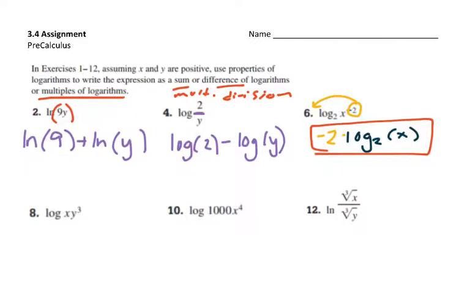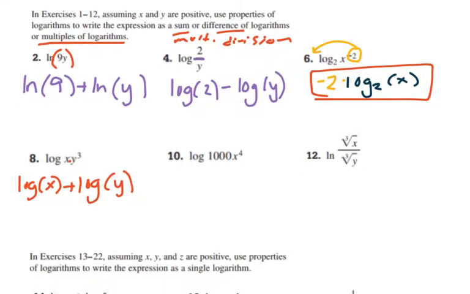Alright, then the next one here, we can write it in a few different ways. I don't need to get too extreme, but since it is multiplying, it's log of x plus log of y. But, of course, if you wanted to get super fancy, you could have written it as log of x plus log of y cubed, but we just got done in the previous problem saying that that 3 there is actually up front, so we actually have log of x plus 3 log of y.